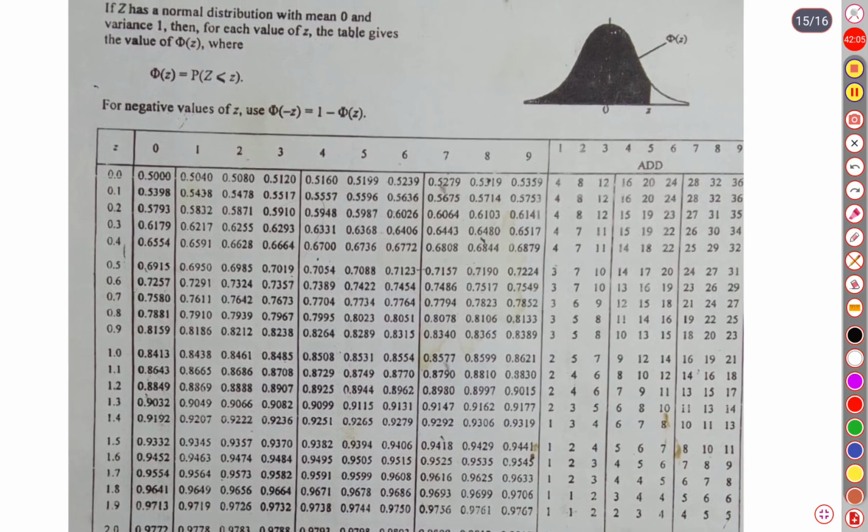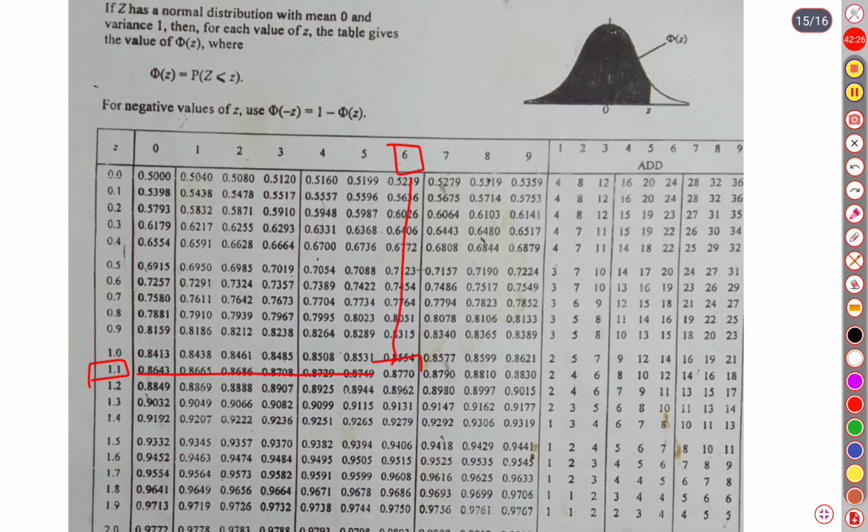Look at this, 1.1 is here, and then we require 6, so 1.16. So finally our probability is this one.